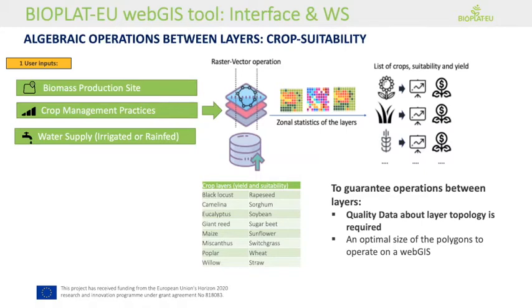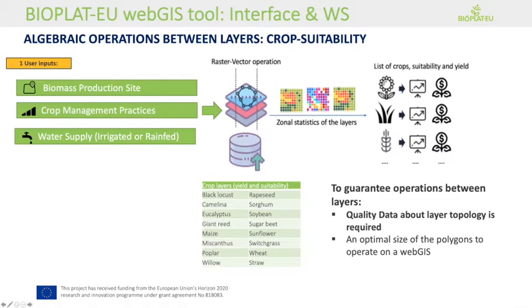The freedom of drawing the BPS by hand doesn't allow having pre-calculated data on yield and suitability of crops associated with nodes. For the calculation, an algebraic raster-vector operation is performed with the BPS geometry, to the results of which is applied a zonal statistic for each of the crop suitability and yield maps from the guide layer produced by FAO.